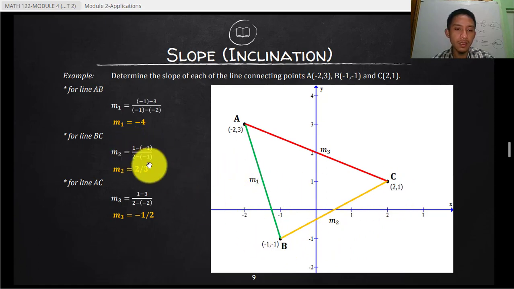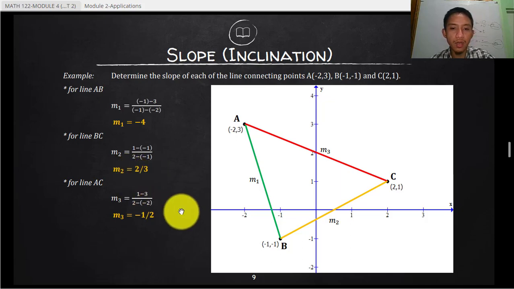Simplifying, this will end up plus: 1 plus 1 is 2, and 2 plus 1 is 3. So 2 over 3, that is 2/3, or 0.67. It is always better, as I've said before, to make use of the full value. So that is positive 2/3.